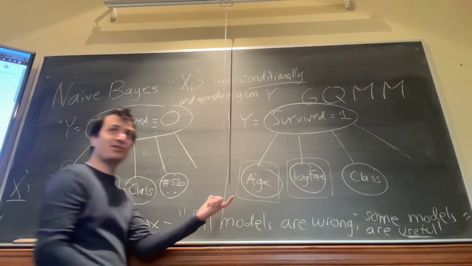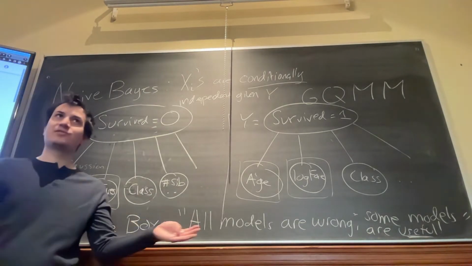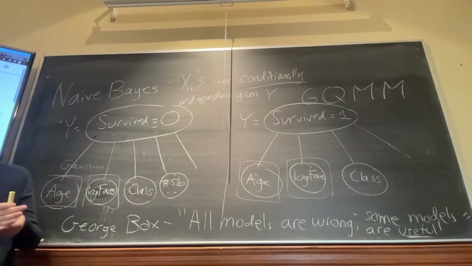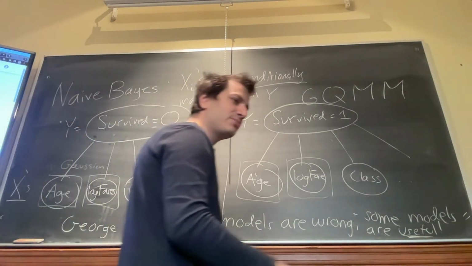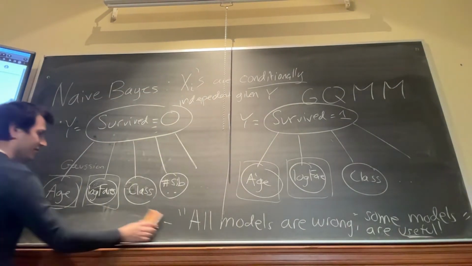But for what class you are in, first, second, or third class, you could treat it as a variable that takes on 1, 2, 3, but I said let's make it Bernoulli. Are you first class? Are you second class? Are you third class?